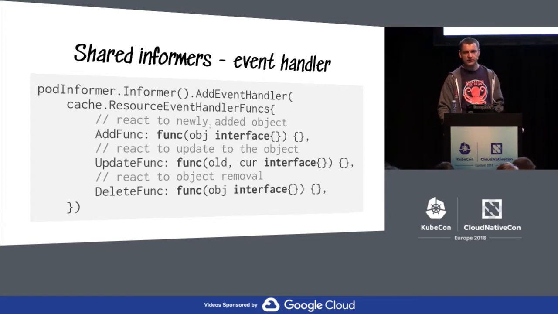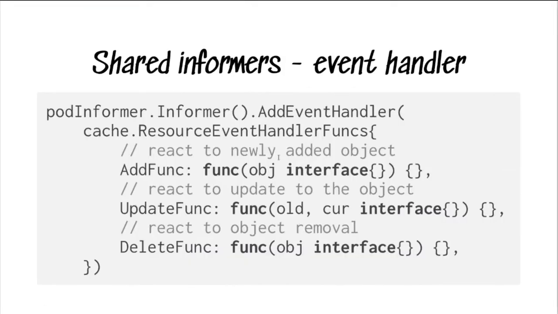The most important part of the shared informers is the event handlers. This is how you register your interest in specific object updates, whether that will be an addition of an object, creation of an object, an update to the object, or removal of the object. There are 3 functions that you need to register your interest in.